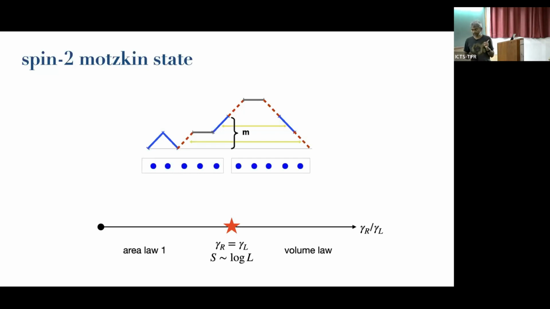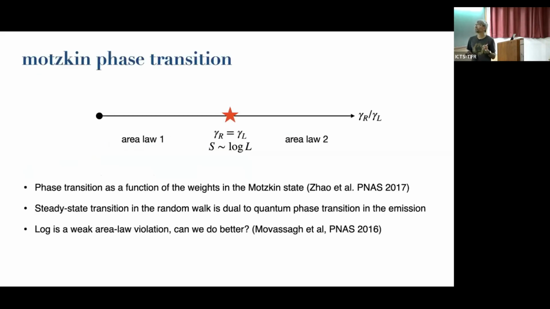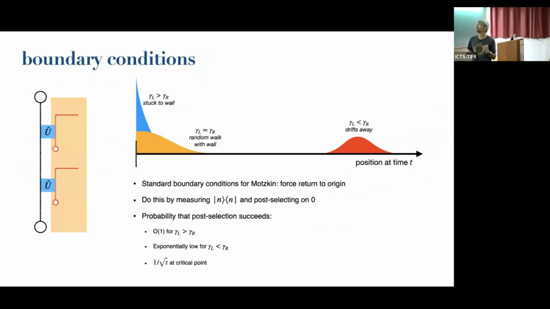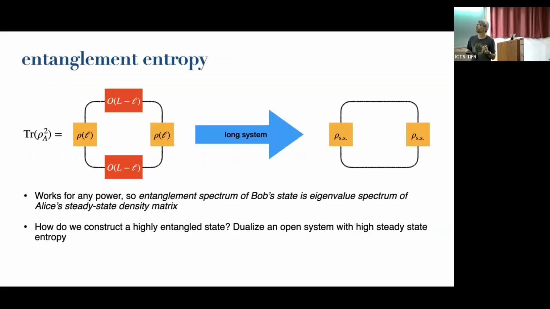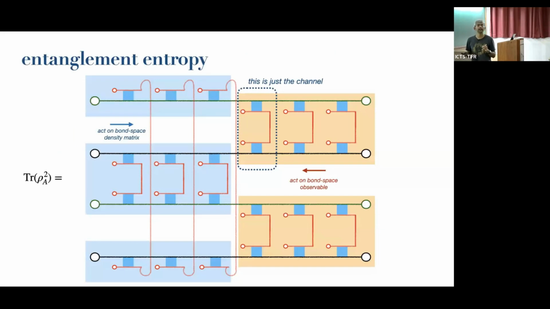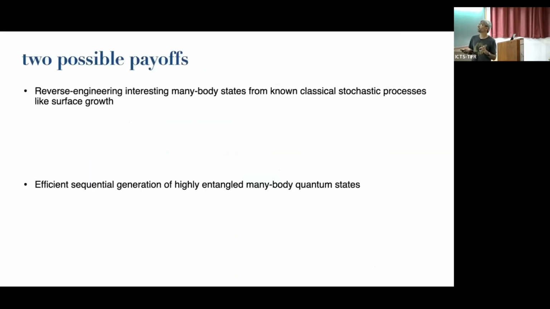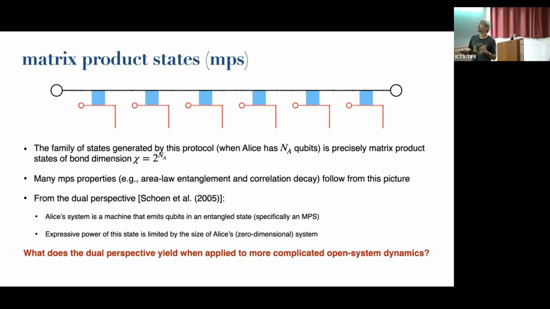When I talk about entanglement, I'm talking about the entanglement of the emitted state. Remember that the emitted state consists of all of these qubits, and there's some virtual space.